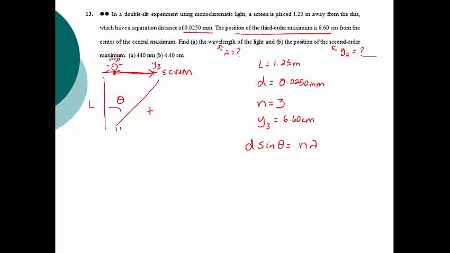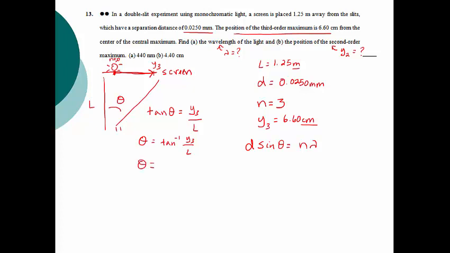So the tangent of my angle is the opposite over the adjacent, so y3 over L. And so I can take the inverse tangent, sometimes called the arctangent, of y divided by L. But here we need to be careful because y was given to us in centimeters and L was given to us in meters, so they have to have the same units.